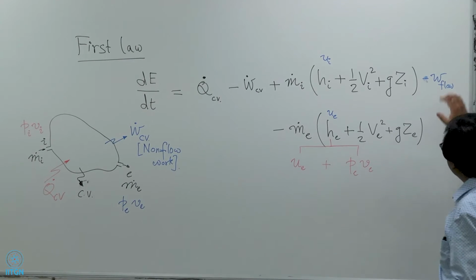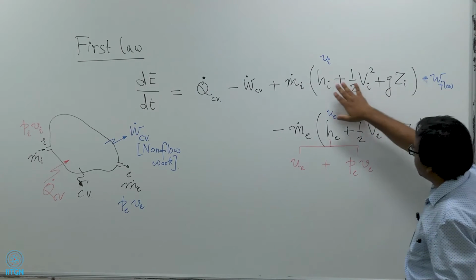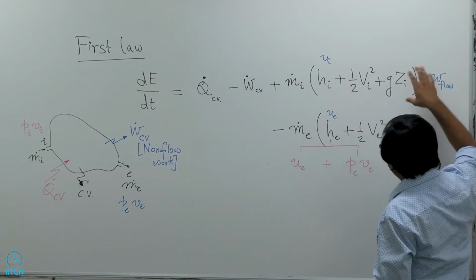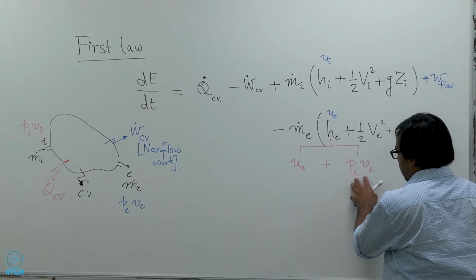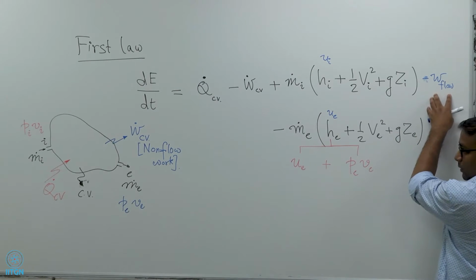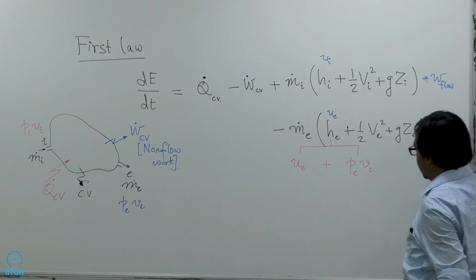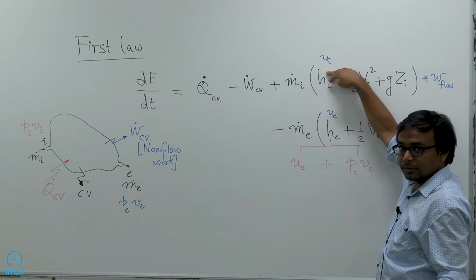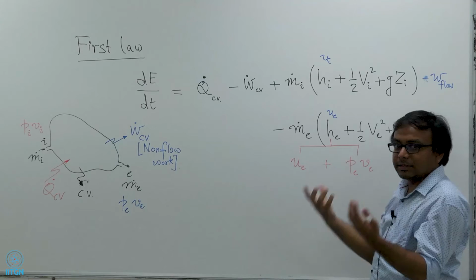So, instead of writing enthalpy, we could have also written internal energy here, and then separately put these P V terms in the flow work, right. But as you can realize, we can then combine these P V terms with the U terms which are here, and we can call them enthalpy, okay.